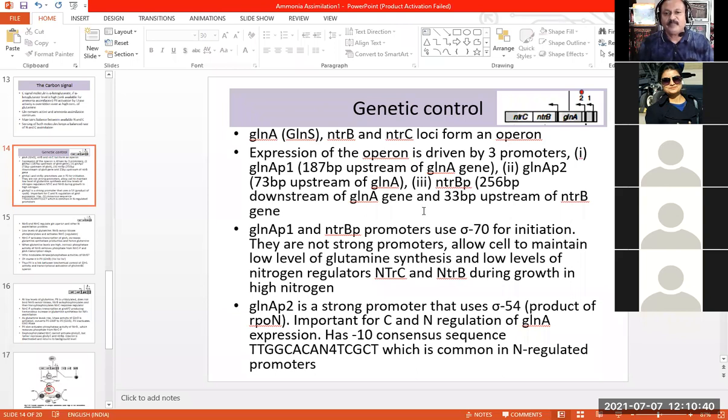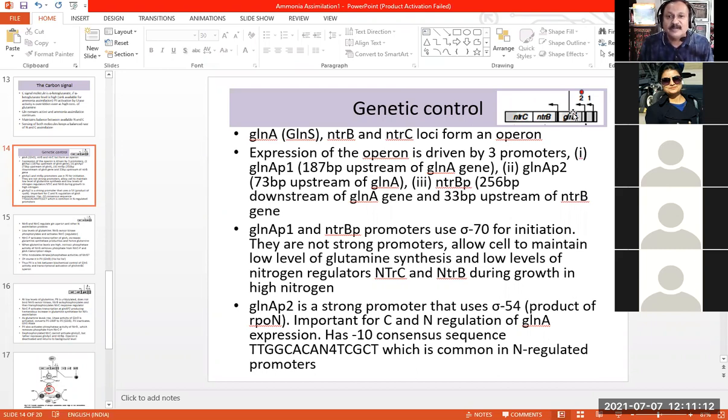So for genetic control, we have three different genes, three different gene loci we call them. There is one called GLNA. Can you see this small inset diagram here? GLNA is the one which is going to synthesize glutamine synthetase enzyme, which is shown here in the diagram.